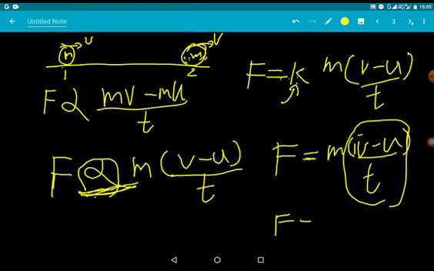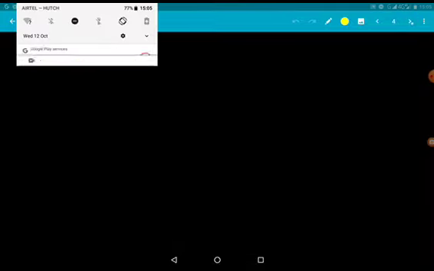So F equals m into a. This is Newton's second law. This is how Newton's second law comes about. Okay, right. Then we need to go through some calculations.